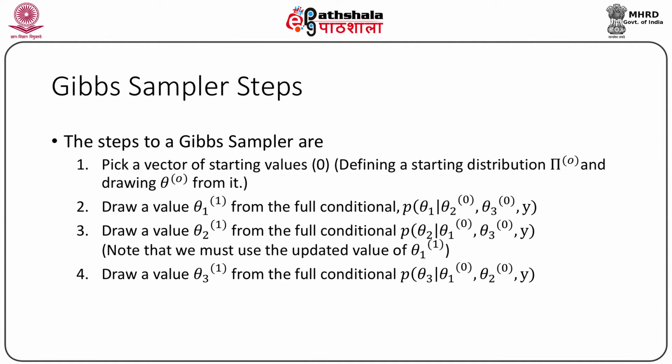Draw a value theta 1 superscript 1 from the full conditional of theta 1 given theta 2 0, theta 3 0, and y. Draw a value theta 2 1 from the full conditional of theta 2 given theta 1 1, theta 3 0, and y. Note that we must use the updated value of theta 1 1. Then we draw a value theta 3 1 from the full conditional of theta 3 given theta 1 1, theta 2 1, and y.